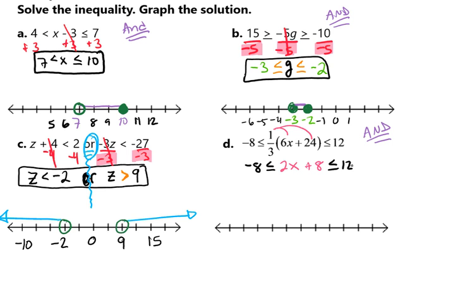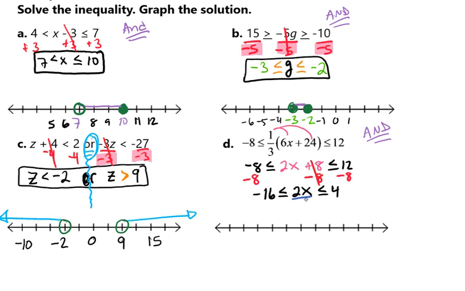So now we have a two-step equation inside, because remember, we're trying to get that x by itself. When we have a two-step equation, we're going to get rid of the adding and subtracting stuff first. So we'll begin by subtracting 8 from the middle and both of the sides. That's going to give us negative 16 is less than or equal to 2x is less than or equal to 4.